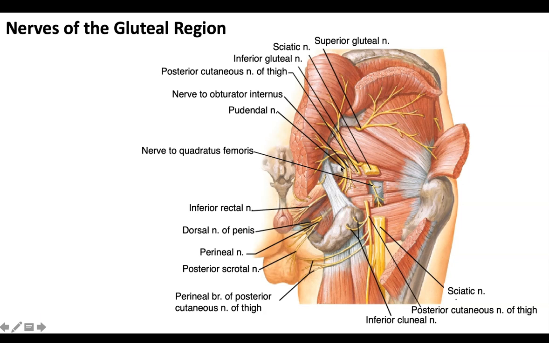The pudendal nerve doesn't supply any muscles or structures of the gluteal region. It passes briefly through the gluteal region over the ischial spine, and it enters the perineum through the lesser sciatic foramen, and supplies all the structures in the perineal region.